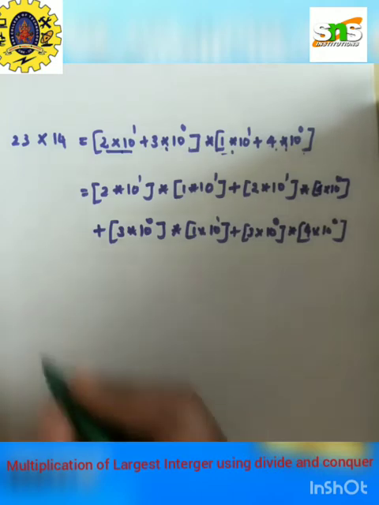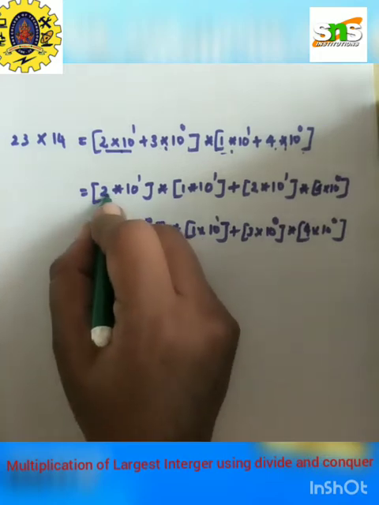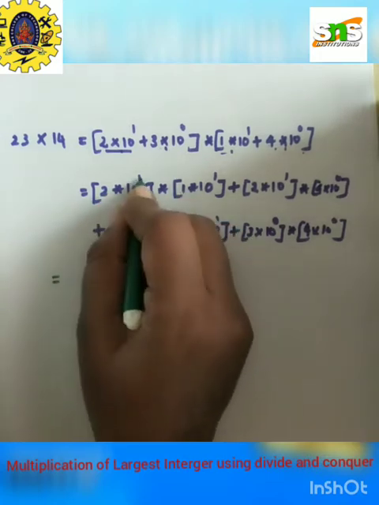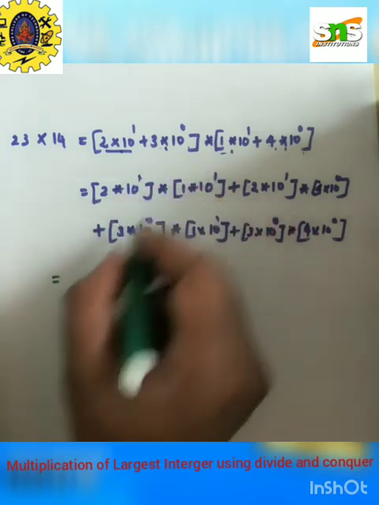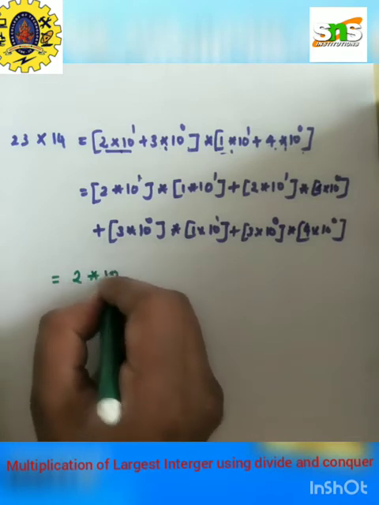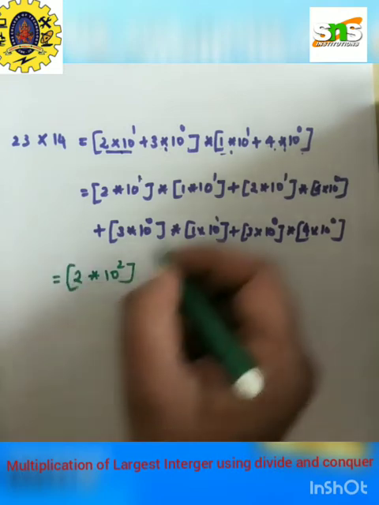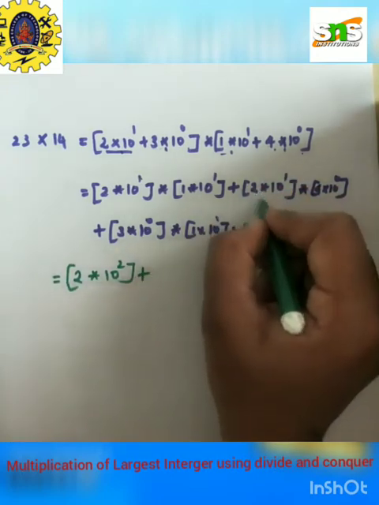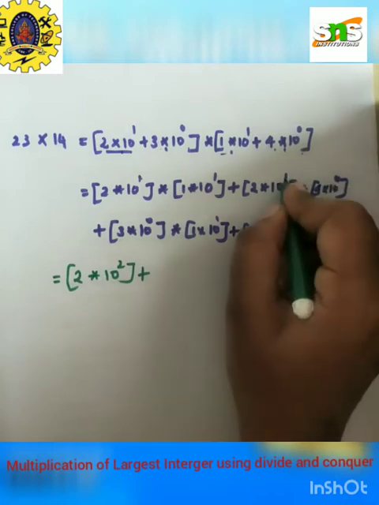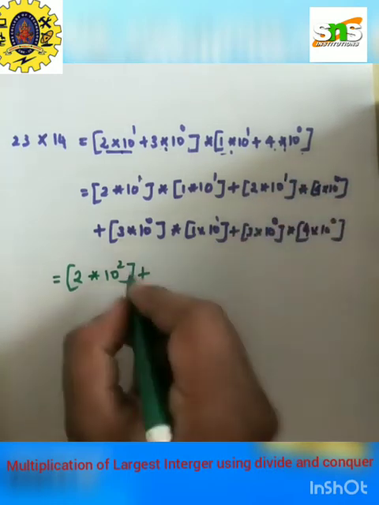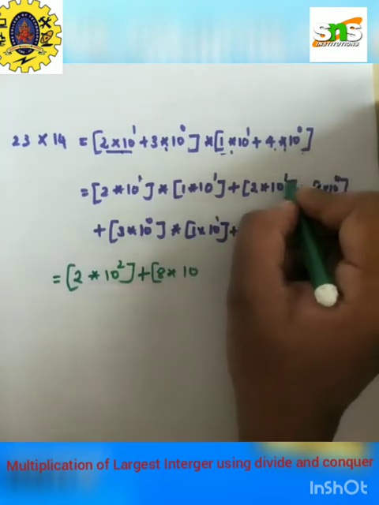so now we again simplify these terms. We have the same base, 10 power 1 and 10 power 1, so we multiply 2 into 1, 2 star 10 power 1 plus 1, which is 2. Plus, we simplify the next two terms: 4 into 2 is 8 star 10 power, the powers will be added.